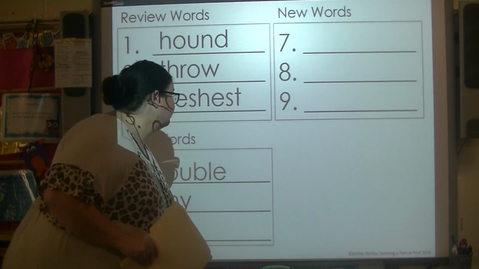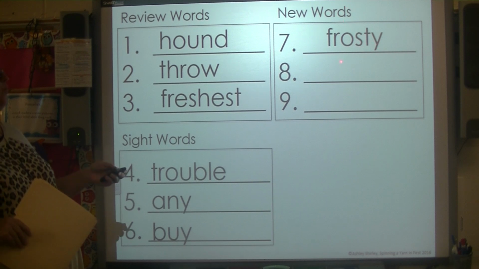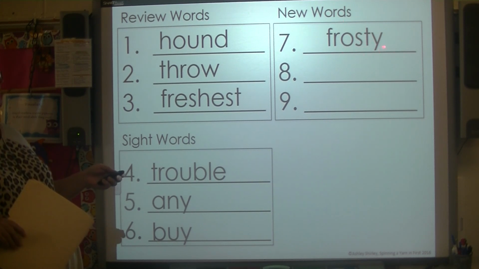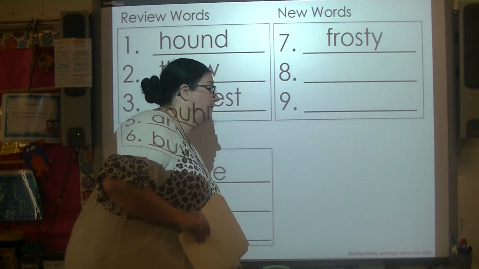Get ready. Frosty. Suffix Y means the state of in this one.